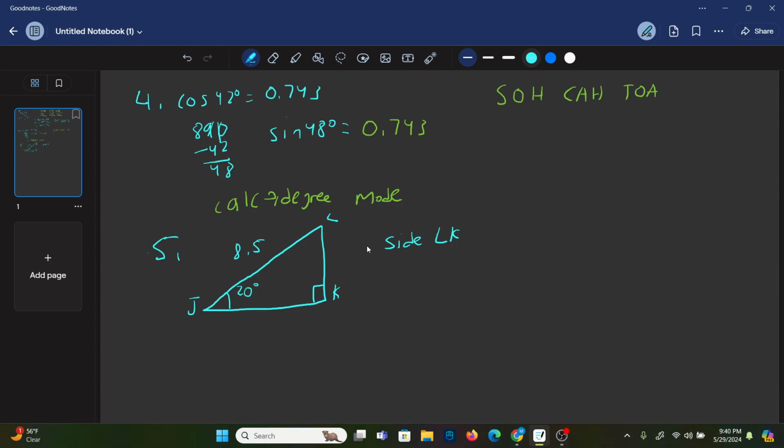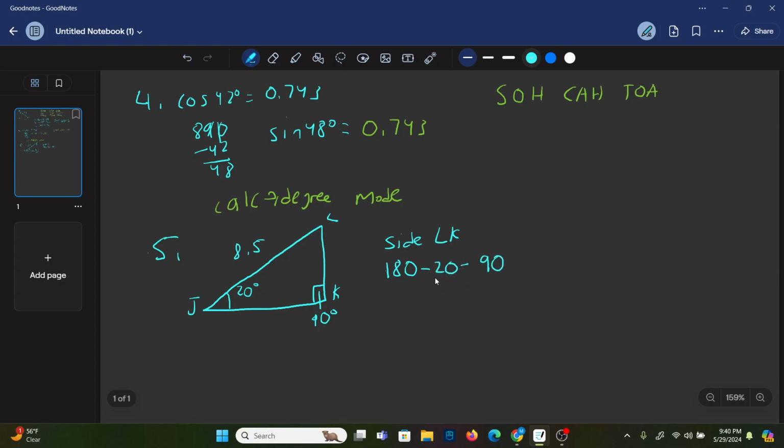So the first thing we would do is recognize that we already have two of the angles. This is the right angle, so that's 90 degrees. And we know that all the angles in a triangle add up to 180 degrees. So first we would do 180 minus 20 minus 90.